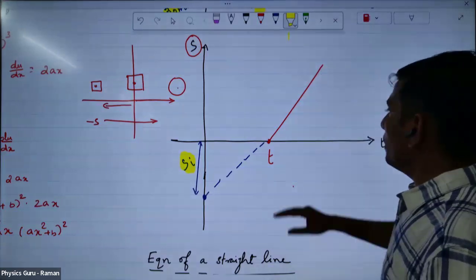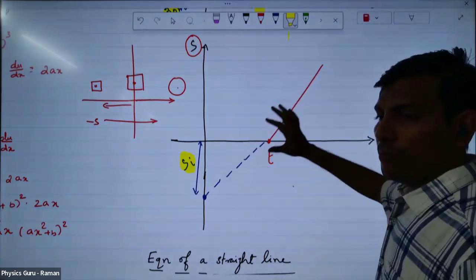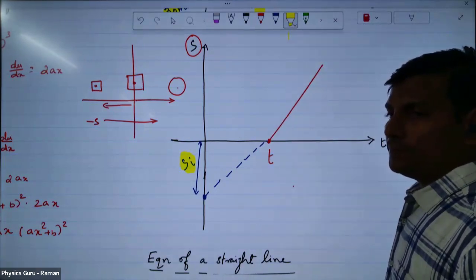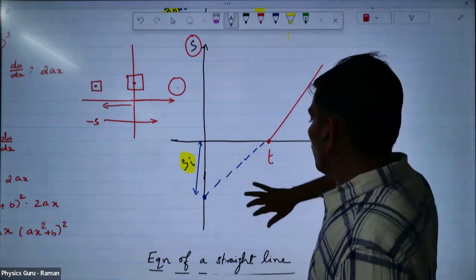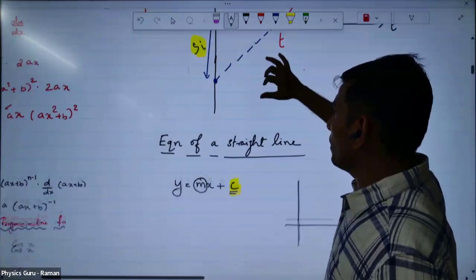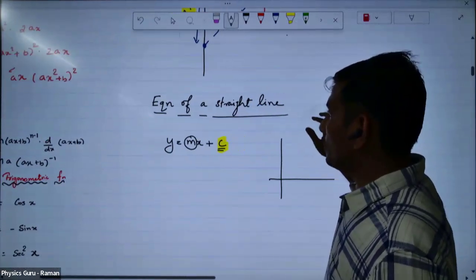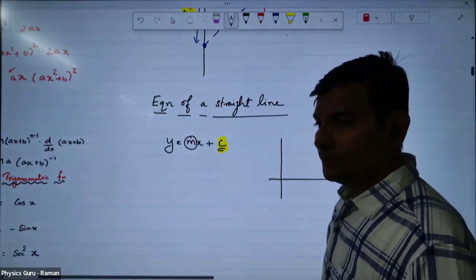So here every observation is written in the form of a straight line. In geometry, every shape has an equation, and the equation of a straight line is written here.